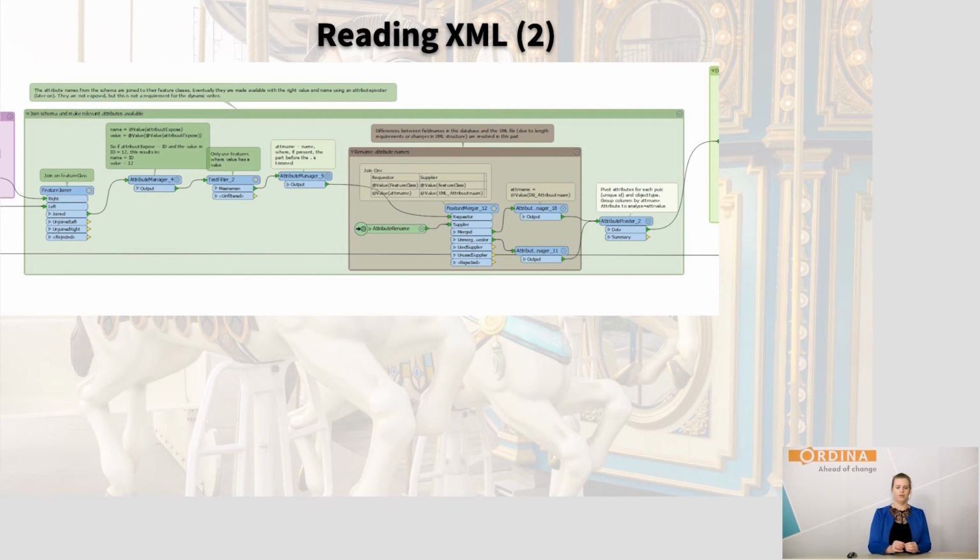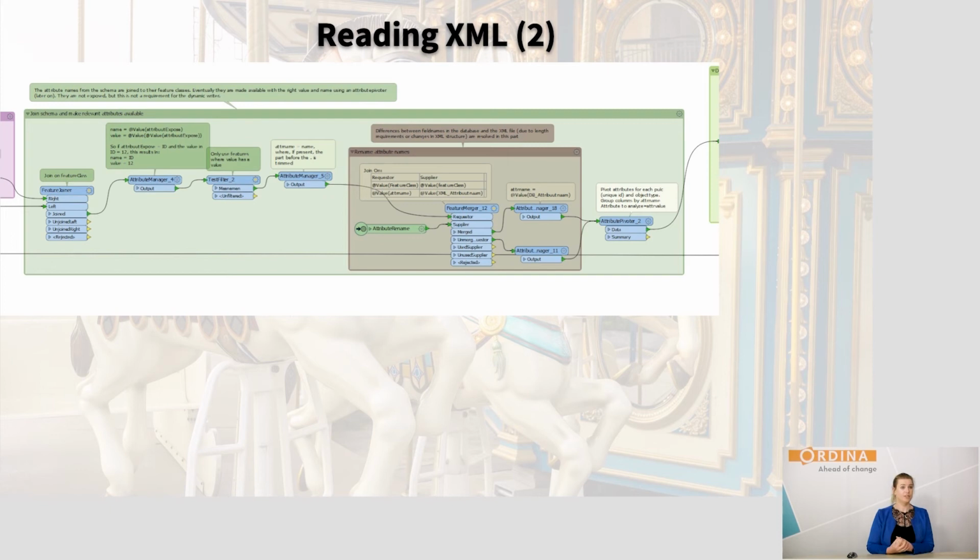Instead of all being records, we create them as attributes. The name of the attribute is then the new column, and the value of the attribute is the record value. So now we have all our features with the relevant attributes.